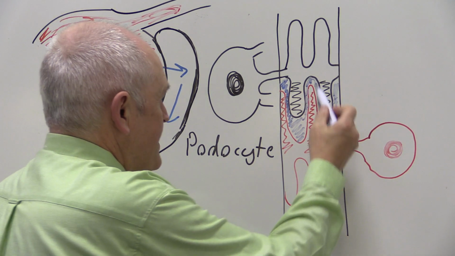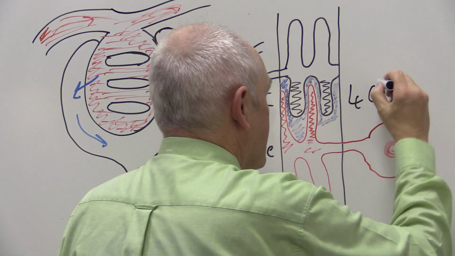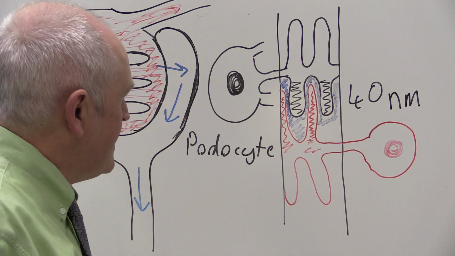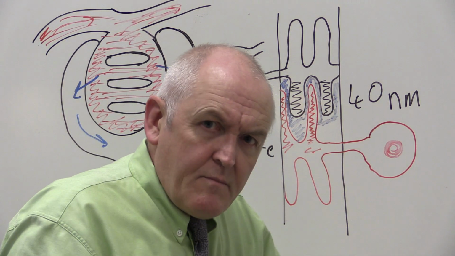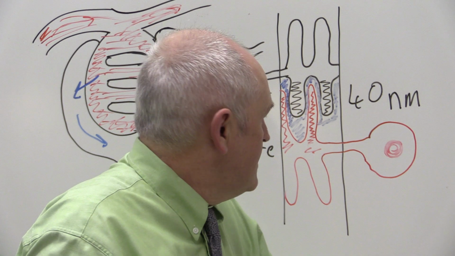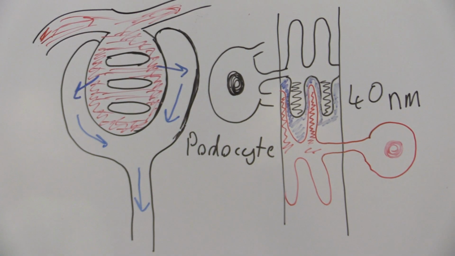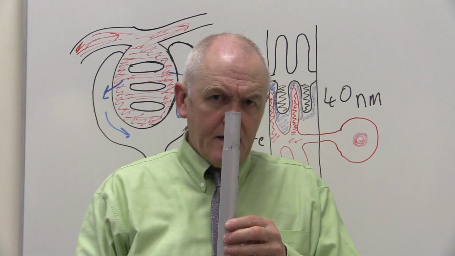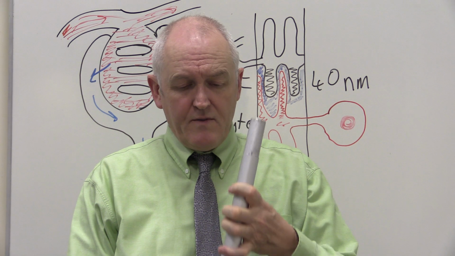And the gaps between the individual pedicels are only about 40 nanometers. Tiny gaps. So you can see that little things could fit through here, but it's going to be a process of ultrafiltration on a very small scale. And it's a bit like this tube I've got here. If we imagine this tube is the glomerular capillary, and my hand is a podocyte with one lot of branches going around there.